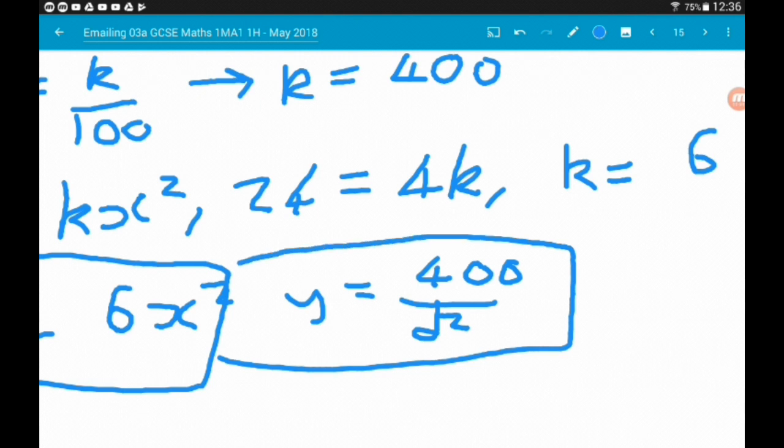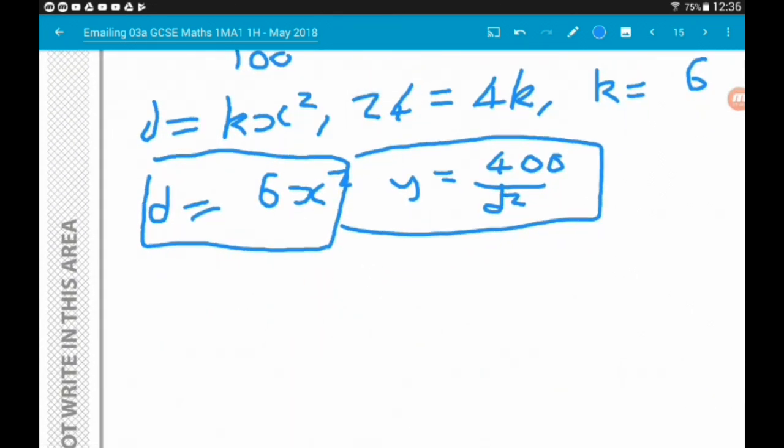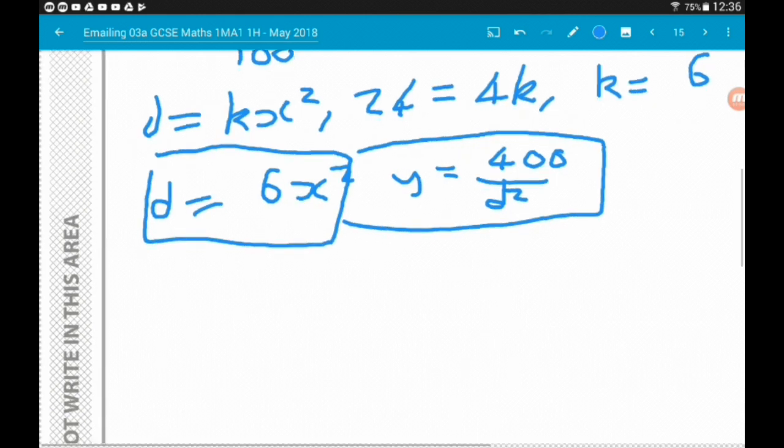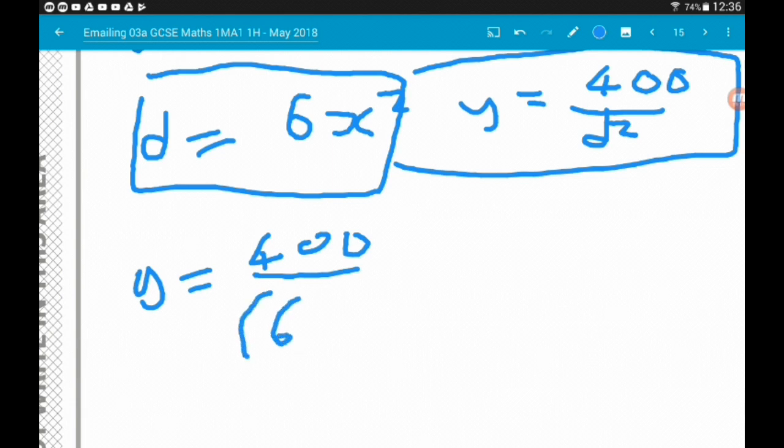Remember, we want y in terms of x. So we're going to substitute our expression for d into our expression for y. So y is 400 over d squared, which is 6x squared, all squared. So we got 400 over 6x squared all squared.